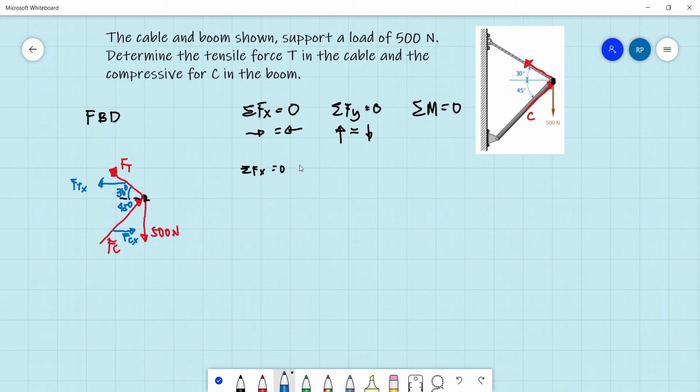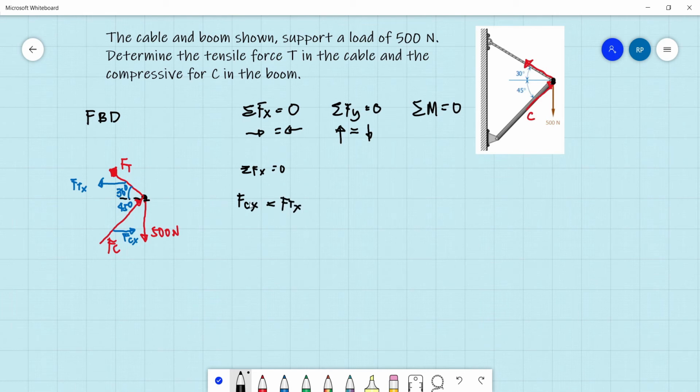Summing up forces, what are the forces going to the right? We have Fcx. Let's write that down: Fcx is equal to our forces going to the left, Ftx.